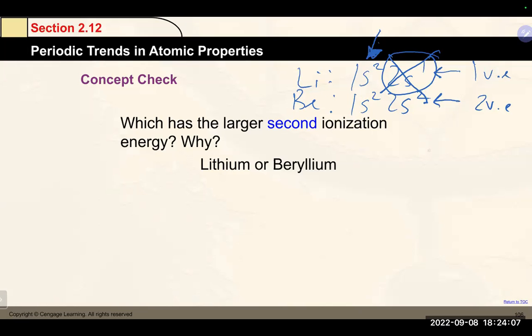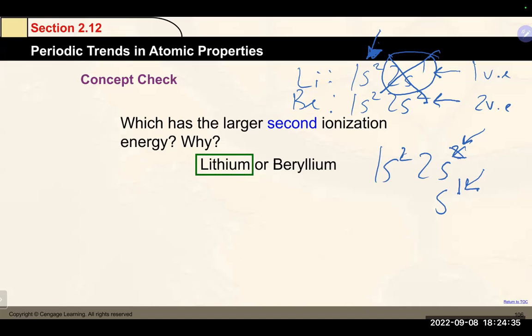When I take away my first electron from beryllium, it will still leave me one more valence electron, which shouldn't be too much trouble to remove. We could remove that a lot easier than dipping into the core electron that we have in the lithium. So in this case, after that big explanation, it's lithium.